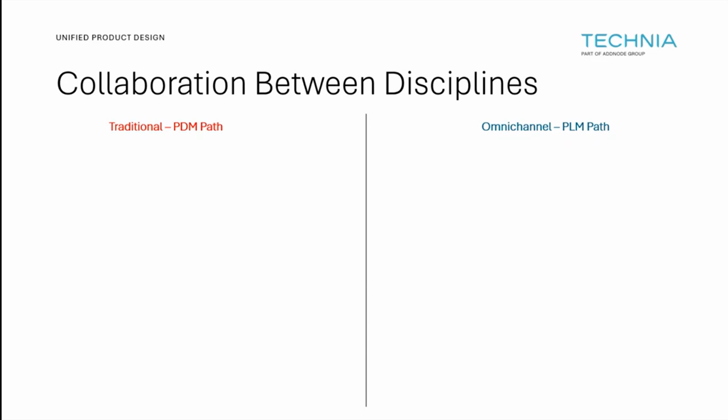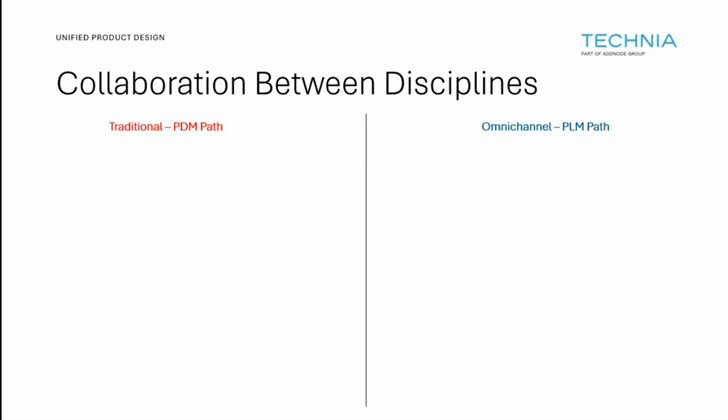Capable PLM platforms like 3D Experience can be considered an omni-channel platform as it allows designers to work from anywhere, anytime, and any way they want, always being connected to the most recent data.